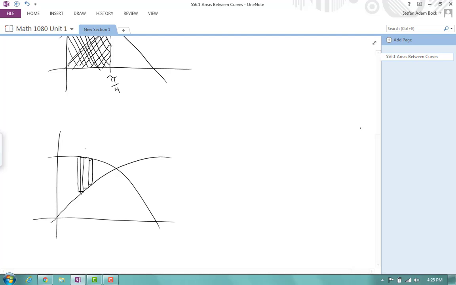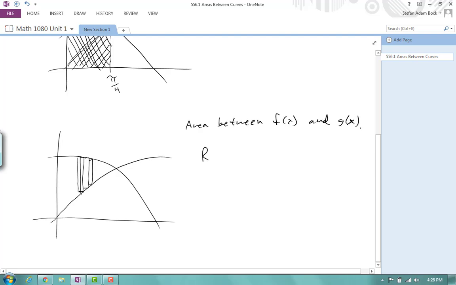So if I stick to the right-handed Riemann sums that I'm used to, for the area between these two curves, I'll have a Riemann sum. I'll go from i equals 1 up to n. I'll have widths, so we'll call that pi over 4 minus 0 all over n.